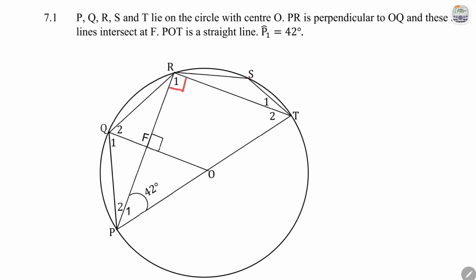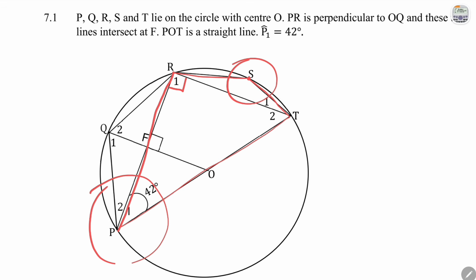But do you notice that if you go from angle S and you join 4 points on the circumference of the circle, so to R, P, and T, we have a cyclic quad. And what do we know about the opposite angles of a cyclic quad? They add up to 180 degrees. Okay, so it means that angle S will be found by saying 180 degrees minus 42 degrees.